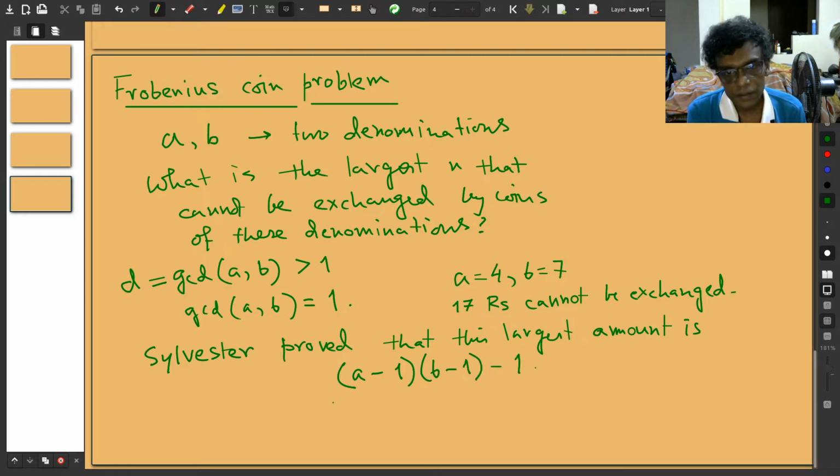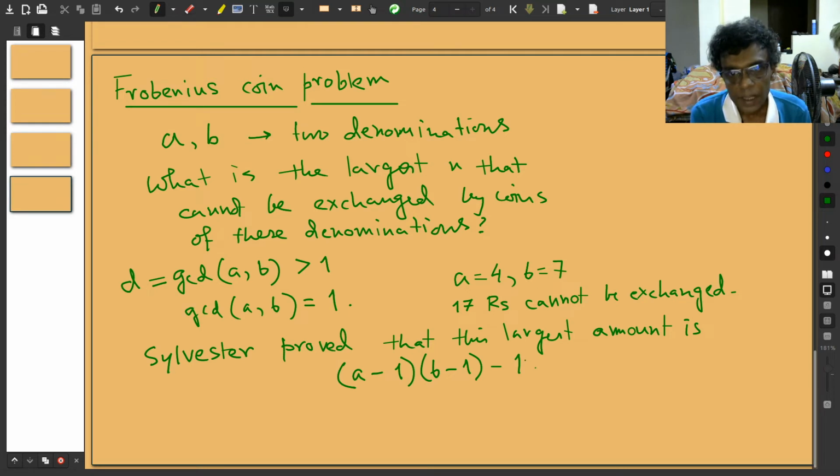After this, if I add 1 to it, A minus 1 times B minus 1, everything can be exchanged. So in our case, this was 4 minus 1, 3, 7 minus 1, 6, 18, 18 minus 1, 17 cannot be exchanged, but 18 onward everything can be exchanged.